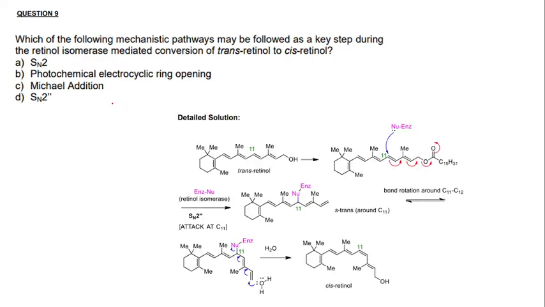So here, if we see the mechanism, you have a trans retinal. Once the nucleophile of the enzyme attacks at this 11th position, this ester group will leave, and this is an SN2 prime reaction which attacks at the C11 position.